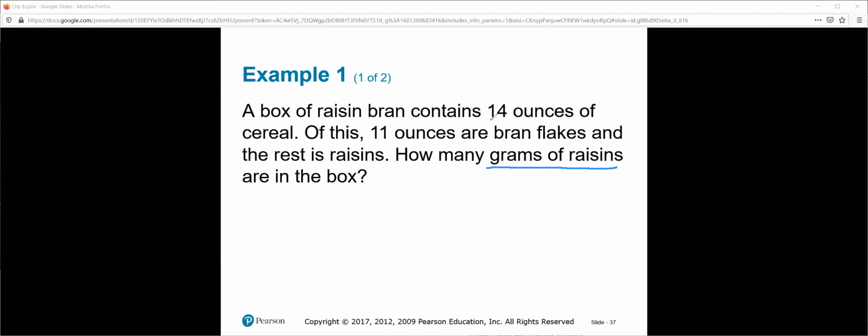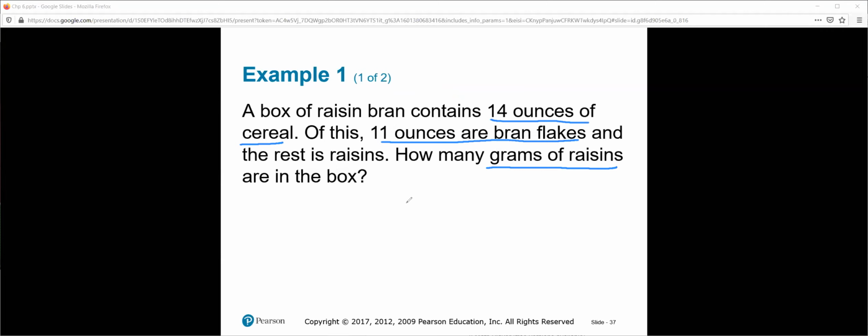The question gives me ounces of cereal and ounces of bran flakes. And since I'm such an aficionado with Raisin Bran, trademark, I know that Raisin Bran has 2 scoops of raisins in it from the sun, and it is only bran flakes and raisins.